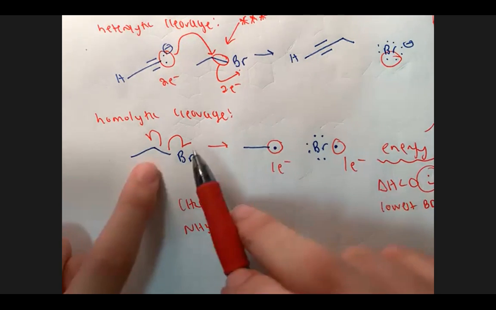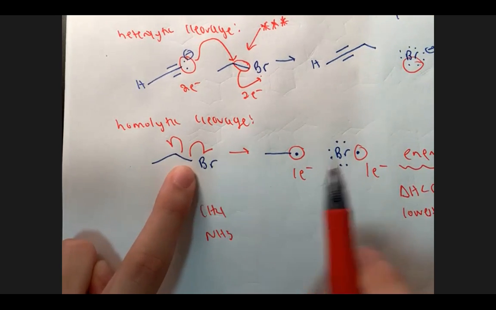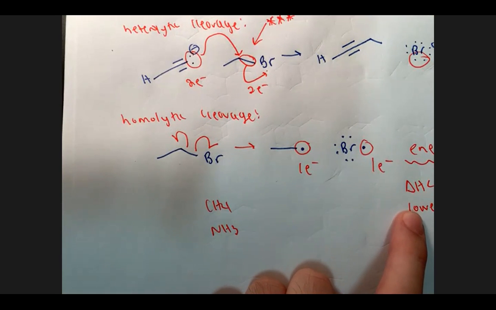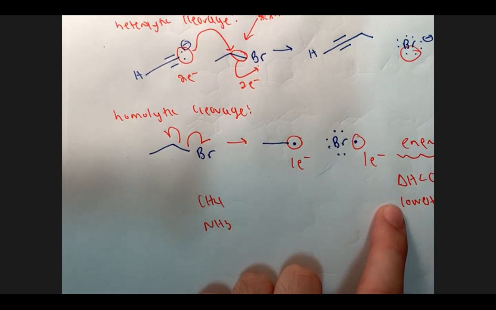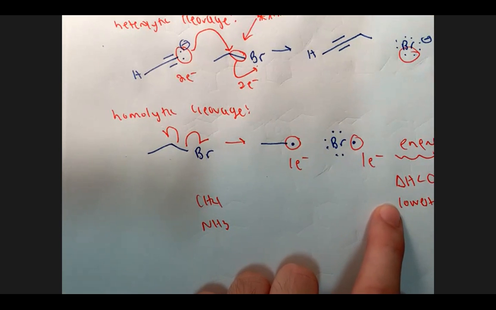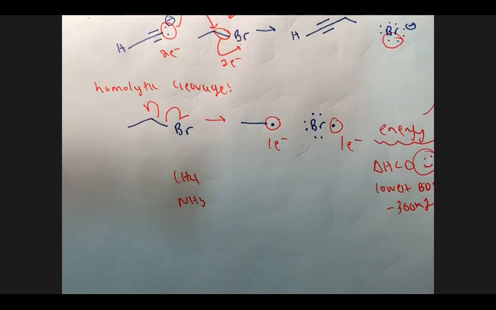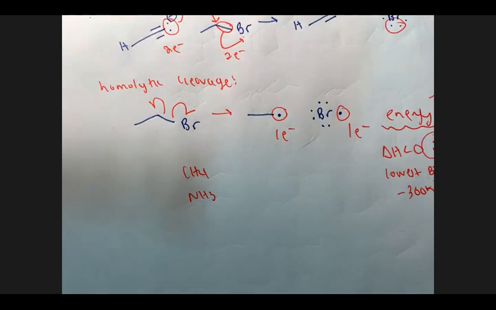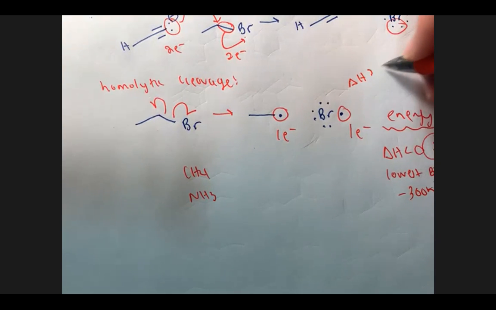You're only going to do this reaction if you form pretty stable products. That's going to be apparent by a very low bond dissociation enthalpy, like a negative number, like negative 300 kilojoules maybe. I'm just spewing an example. But let's say I did this reaction and I got a delta H of 732 kilojoules.